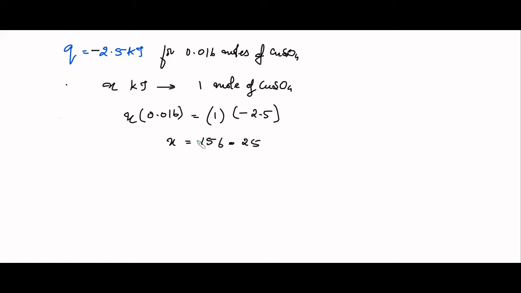Of course, the negative sign will be there. When I'm doing a rounding off, I can round this off to negative 160 kilojoules per mole. Now I'm calling it as per mole because this is for 1 mole of copper sulfate. This is going to be our answer.